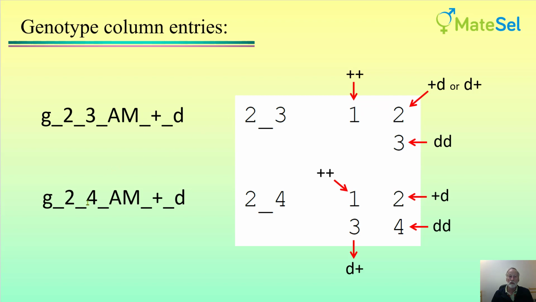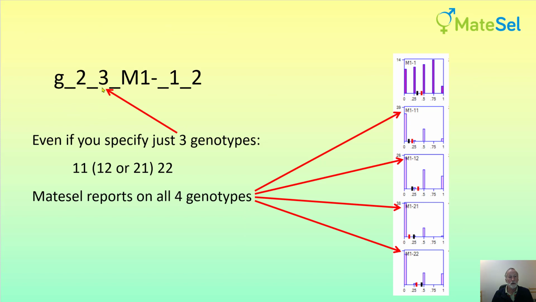On the other hand, if we were to have 4 different genotypes, because you have data separating the 2 heterozygotes, then 1, 2, 3 and 4 should be used according to this. So that's plus plus and DD, but you may be using 1, 1 and 2, 2 if your allele names are 1 and 2. So even if you're just using 3 genotypes represented in the data file, Matesel will separate the heterozygotes automatically under all circumstances and give you separate output for the 2 directions of the different heterozygotes.